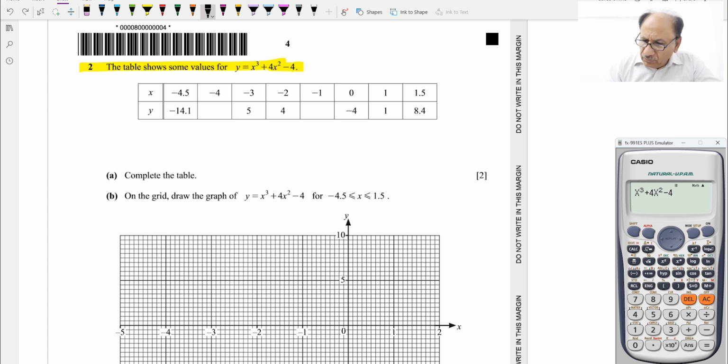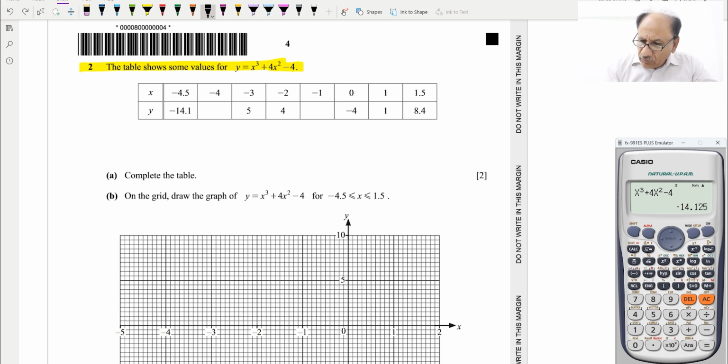After typing this, we will use the calculate button to check whether we have typed the equation properly or not. We can calculate for x equal to minus 4.5. Our answer should be minus 14.125, correct.